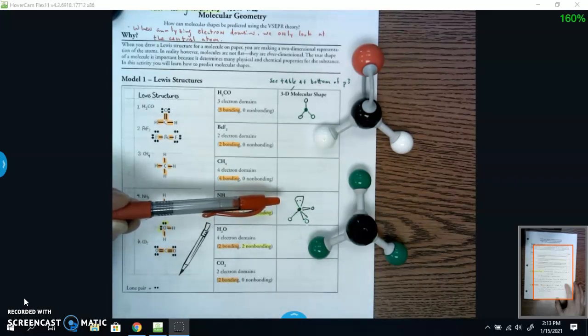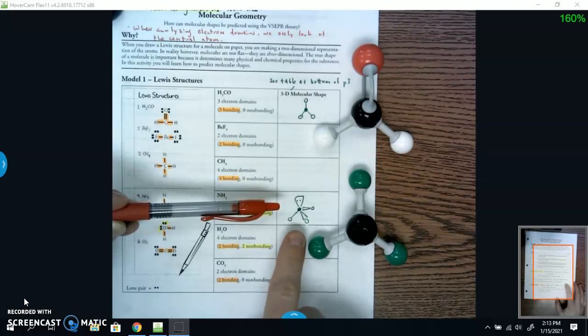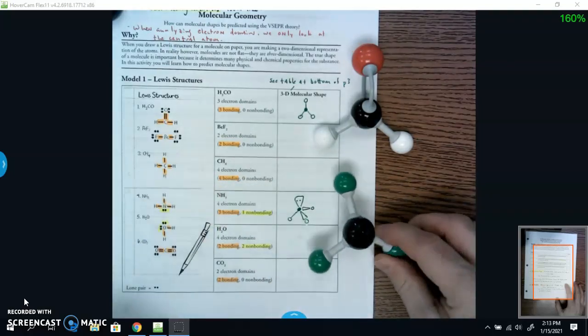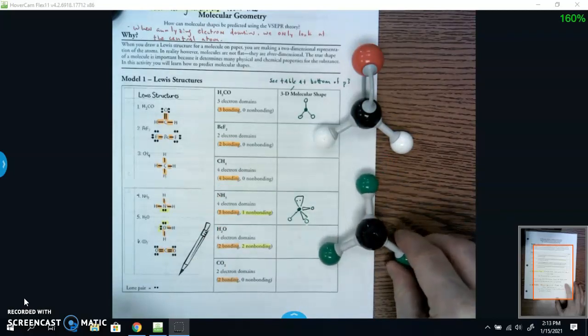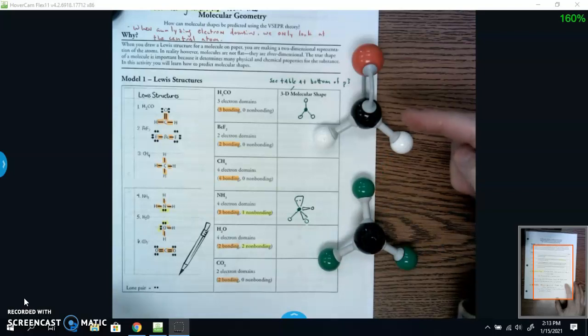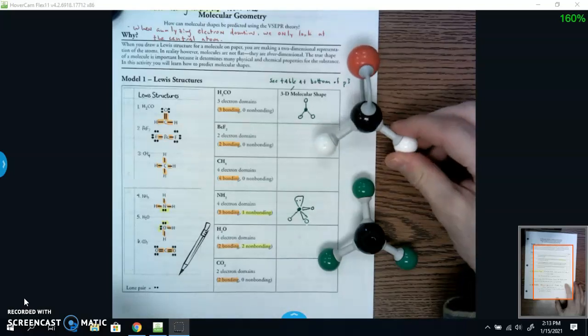So they want to repel from one another to get as far away from one another as possible. In this case, it maximizes the distance between all domains when it's in a pyramidal configuration like this with a 107-degree bond angle. That's in contrast to this one up here.